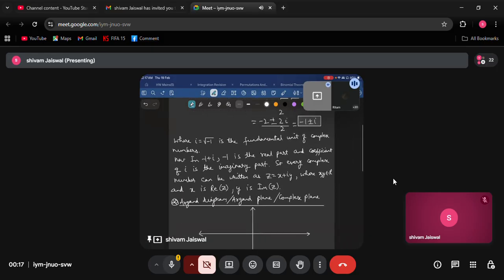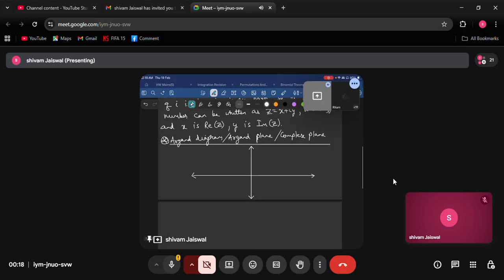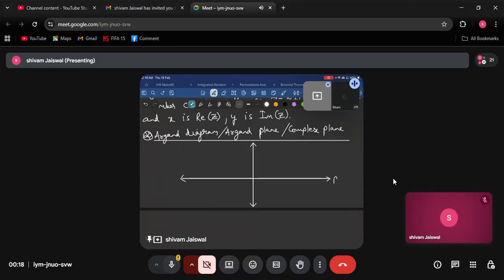Just like in coordinate geometry, two real number lines intersecting at right angles constitute a Cartesian plane. Similarly, a real axis and an imaginary axis intersecting at right angles constitute a complex plane or an Argand plane. This is the real axis and this is the imaginary axis.